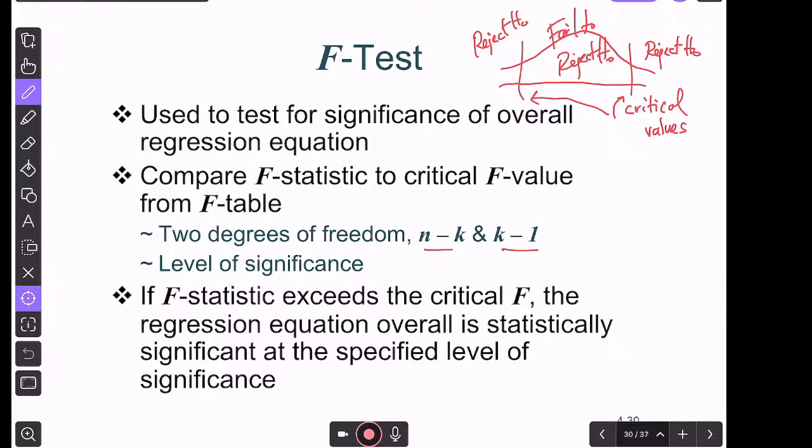Okay, the F test is used for the overall regression equation. So it tests simultaneously.